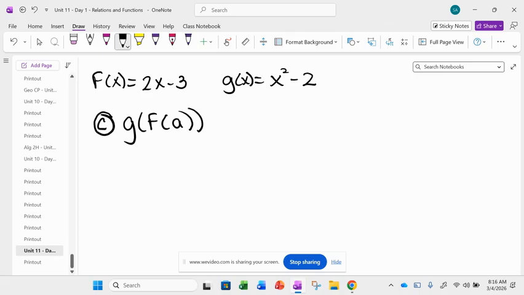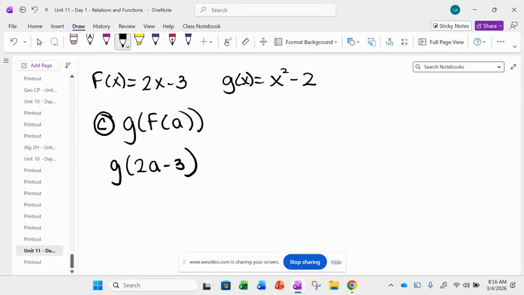Okay, so if we're going to evaluate g of f of a, I'm starting off with my innermost parenthesis, which is f of a. What is this telling us to do? This is saying go to f of x, and wherever I see an x, what should I sub in instead of x? An a. So this is going to be g of 2a minus 3.